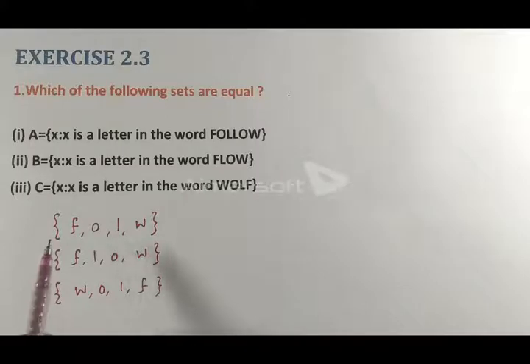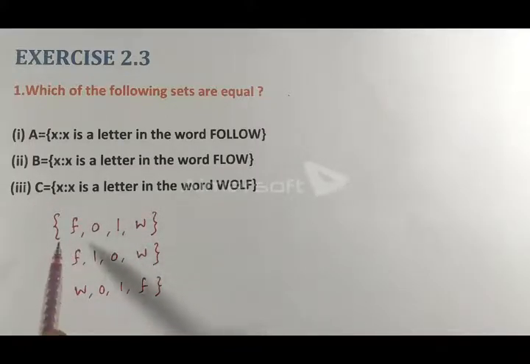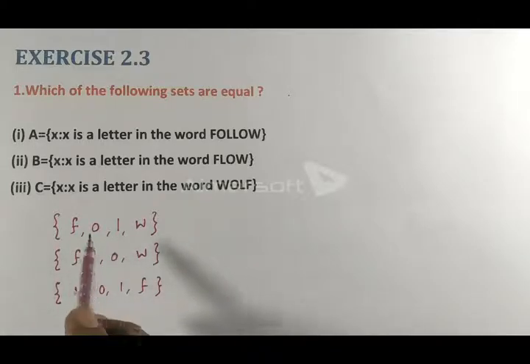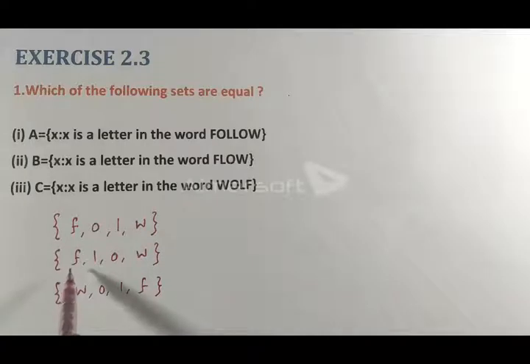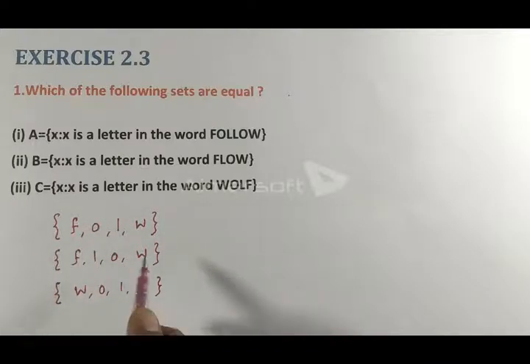Students, observe here. I have written the roster form of three sets. All the three sets contain the same elements F, O, L, W. In this set also F, O, L, W, W, O, L, F. All the three sets contain the same elements, so all the three sets are equal.